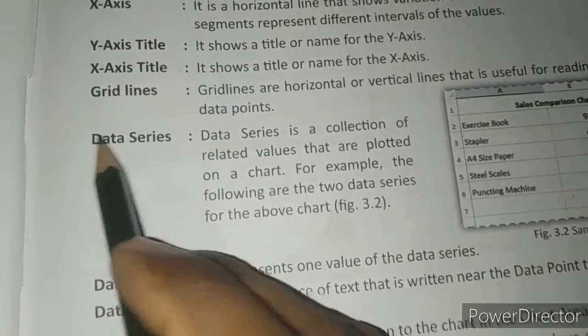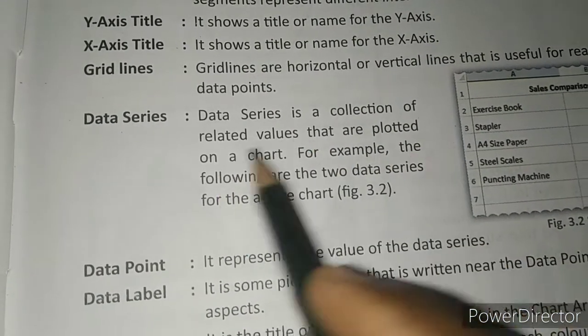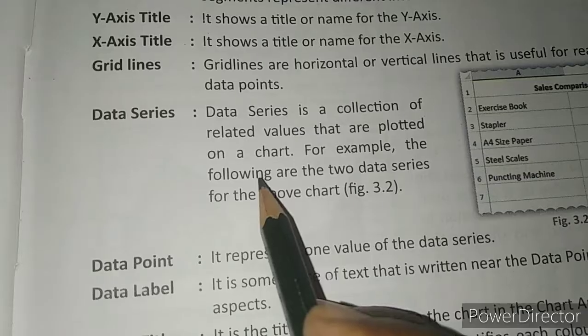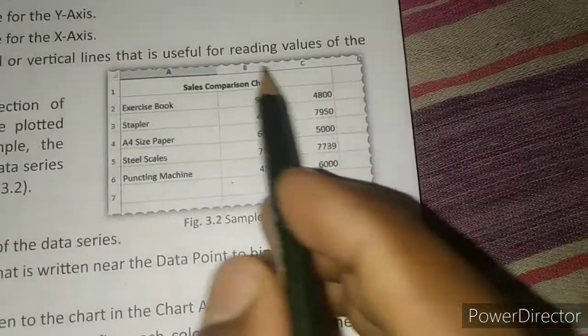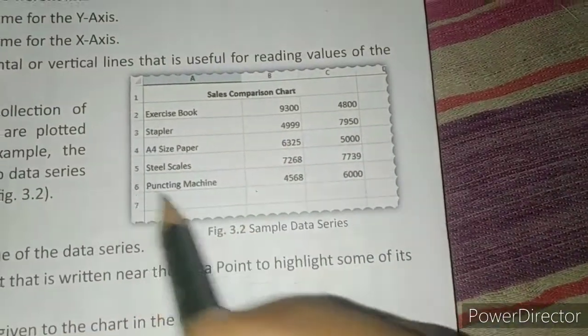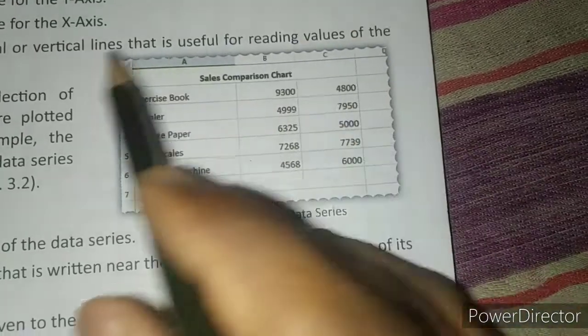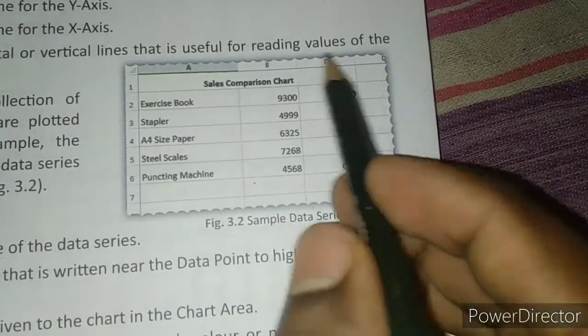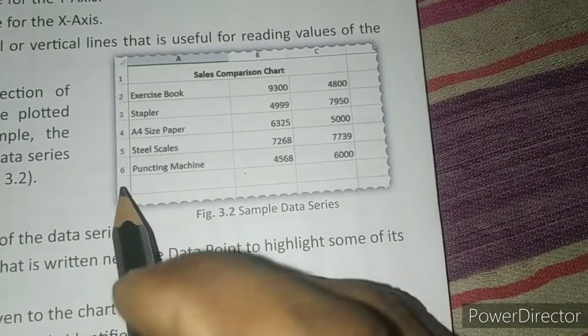is data series. A data series is the collection of related values that are plotted on a chart. For example, the following are two data series for the above chart. Here, this was the data for which the plot has been made, the chart has been created.